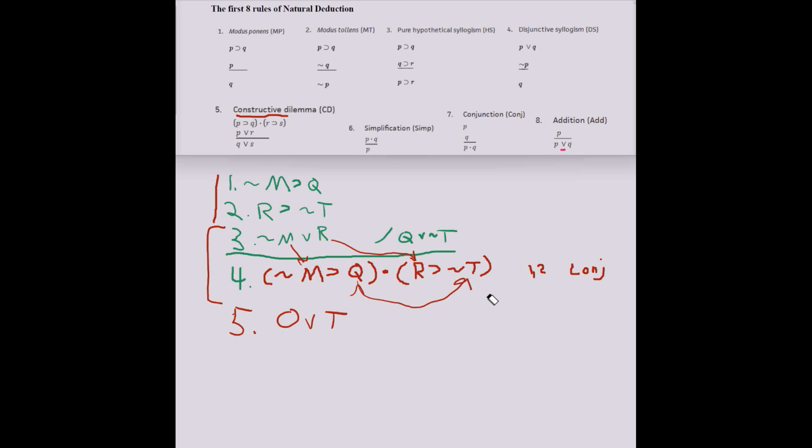I used lines 3 and 4 using constructive dilemma. This is the C here. And so here's what I have, Q or T. Here's what I was trying to prove. Sorry, Q or not T. Here's what I was trying to prove, Q or not T. And so it looks like we completed our proof, and our proof is done, and our proof looks pretty good.